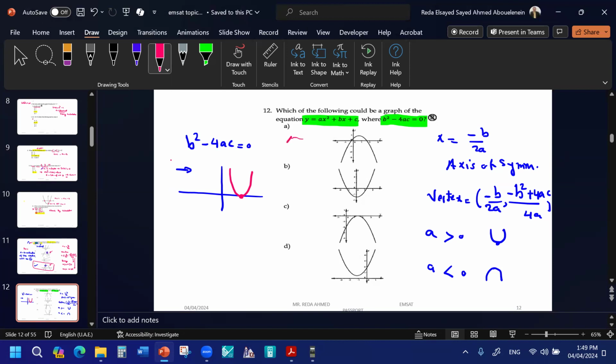Here delta will be positive, here delta will be positive, and here delta will be 0. What is delta? This is delta. Here delta will be negative, because the graph does not cut the x-axis. So which of the following could be the graph of the equation where b squared minus 4ac equals 0? So it will be that graph.